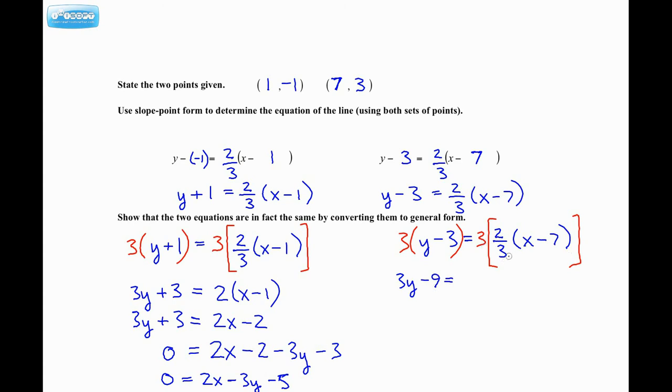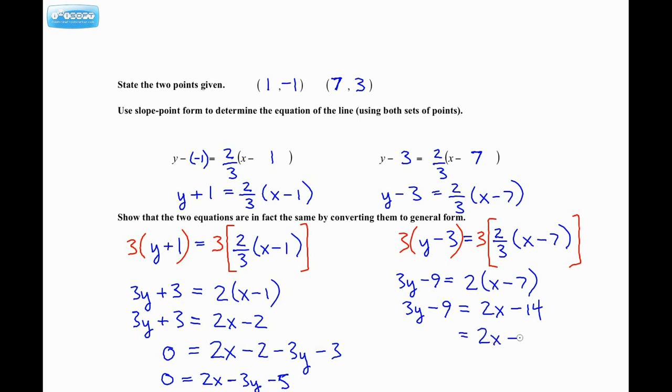Well, the 3's cancel. 3 over 3 is just 1. So I'm left with 2 times x minus 7. Now I'm just going to expand the right-hand side. There we go. That's minus 14. And I'm going to express everything on the right-hand side, because my x coefficient is already positive.